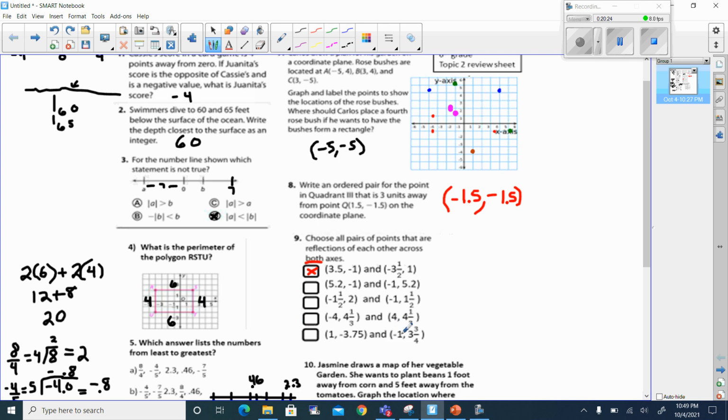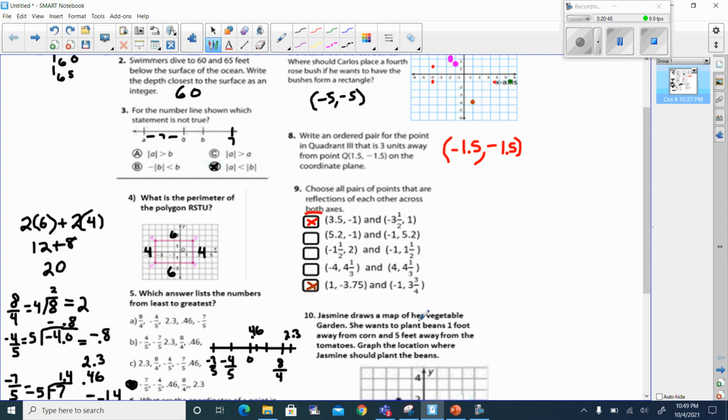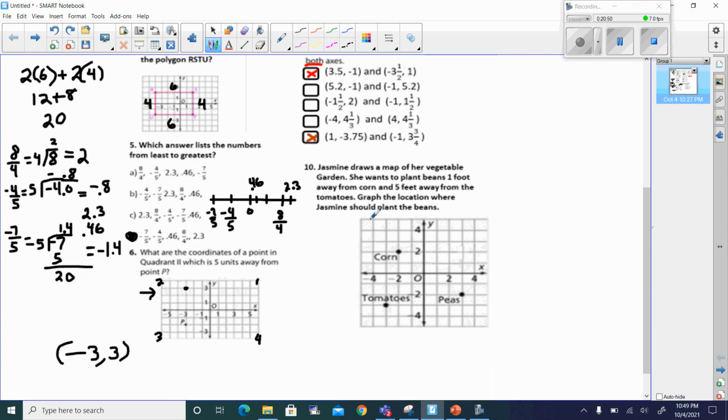And then it says negative 1 and 3 and 3/4. So negative 1 and then 3 and 3/4. All right, so as you can see, we crossed here and then we crossed over. So that would be that one there.